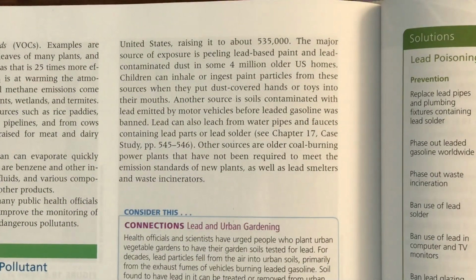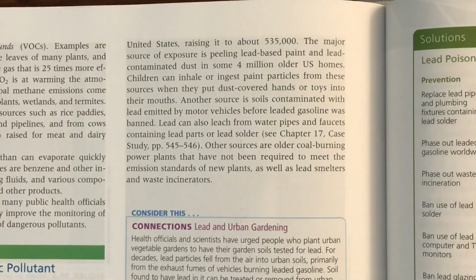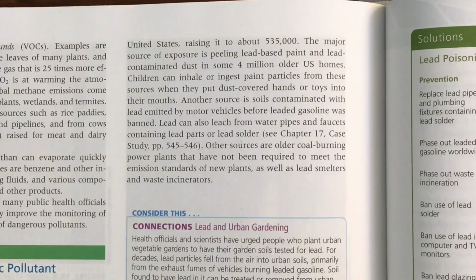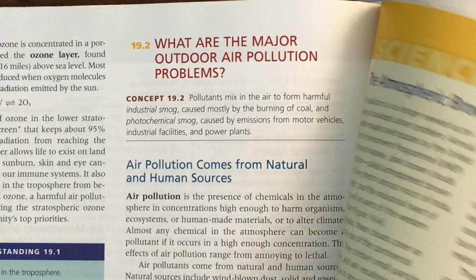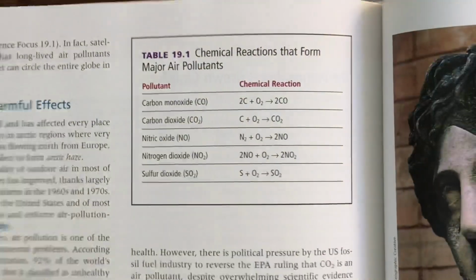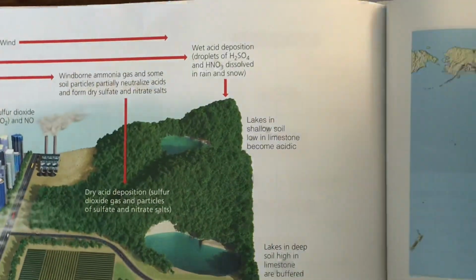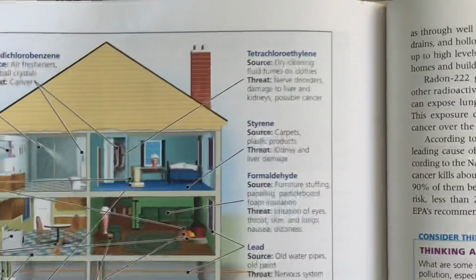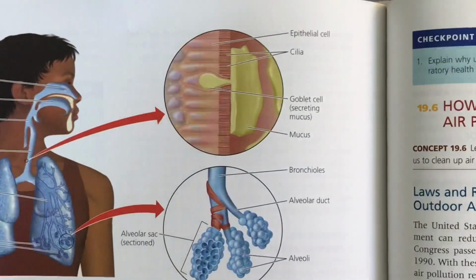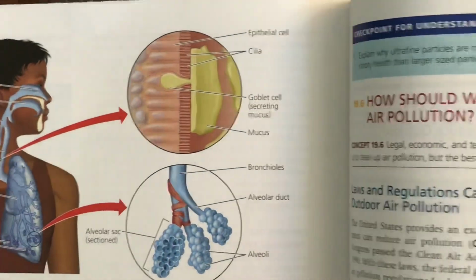All right, what system in the human body is most affected by air pollution? Again, it is your upper respiratory system. So that's a no-brainer. Let's see if I can find the picture with the lungs on it. It's not in here. It's definitely going to be something in these associated videos. Here we go.